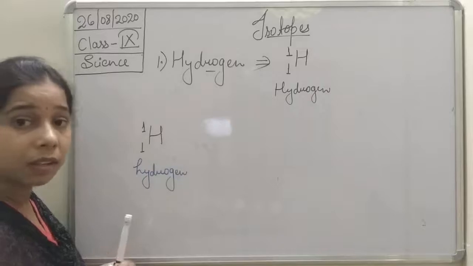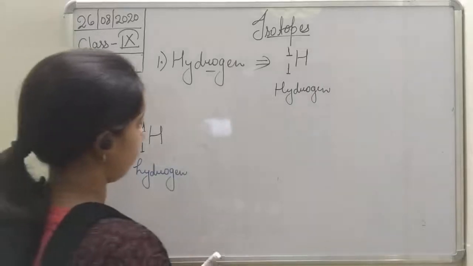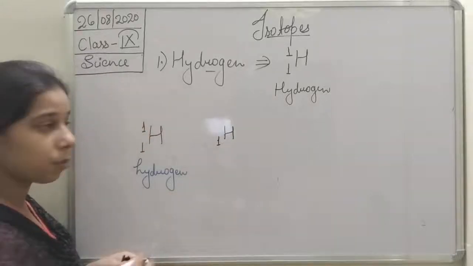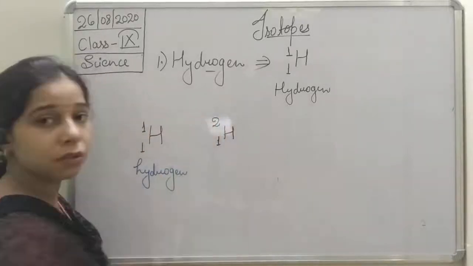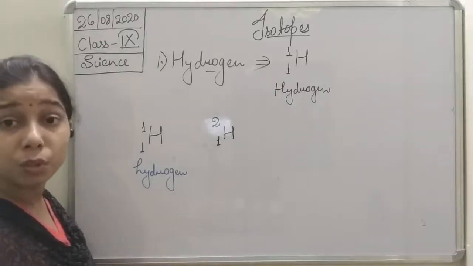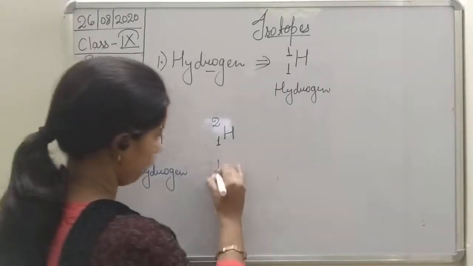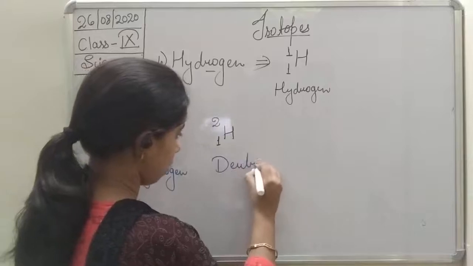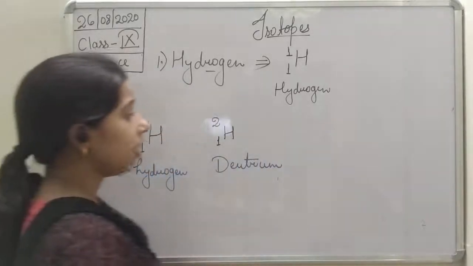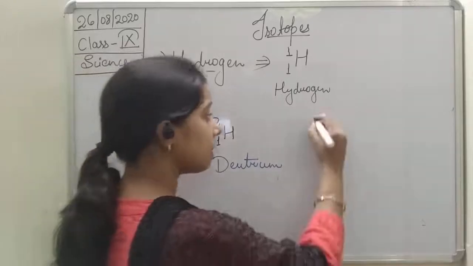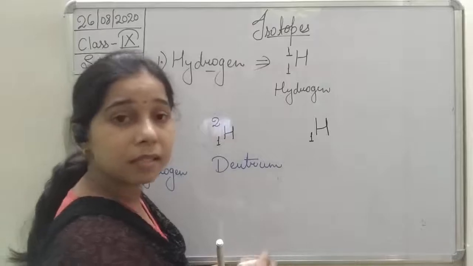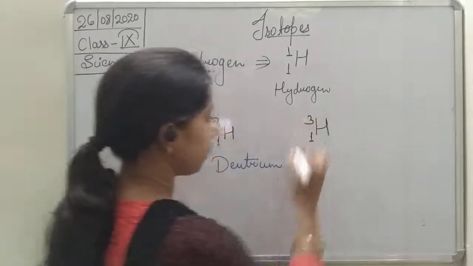The second one is hydrogen having the same atomic number, that is 1, but a different mass number, that is 2. Okay, so this one is known as deuterium. And the third one is hydrogen, again having the same atomic number, that is 1, but its mass number is 3.